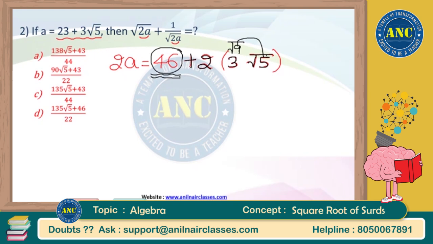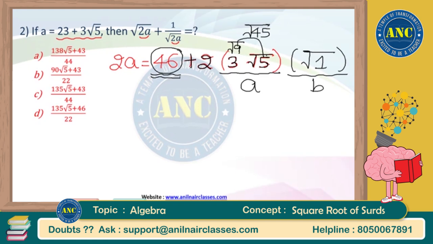That means what I will do is, this entire 3 root 5, I will call it as a, and I will multiply this entire thing by root 1. Root 1 is nothing but 1 itself. This 1 I will call as b. Now if you observe carefully, 3 root 5 can be told as root 9 into root 5, which is root 45.